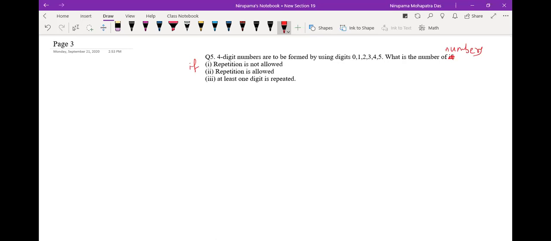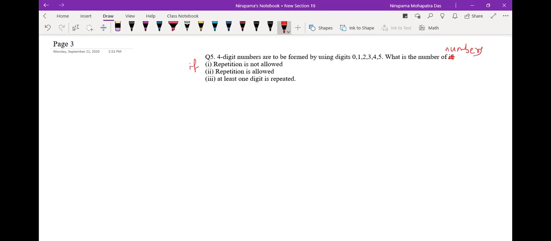Okay, so now see how can we do the question? Repetition is not allowed. So repetition not allowed means no digit will be used more than once. Okay, so first part, let's concentrate on first part.